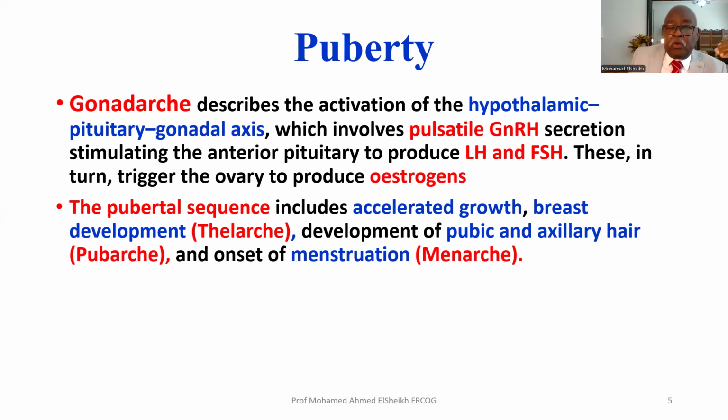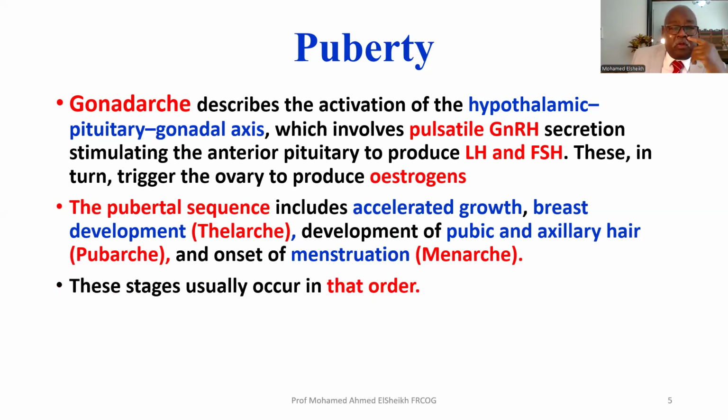The sequence usually includes an accelerated growth spurt. Initially, the child will have growth, followed by the development of the breast, thelarche, then development of the pubic and axillary hair, pubarche, and the onset of menstruation, menarche.